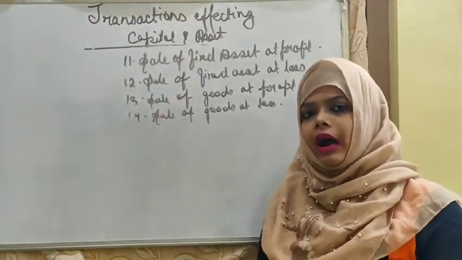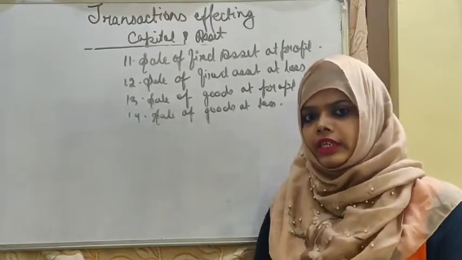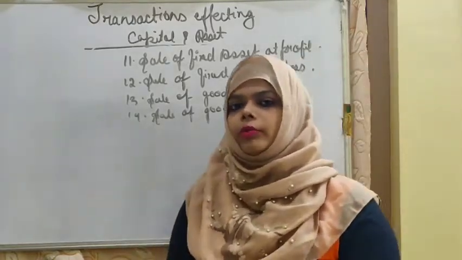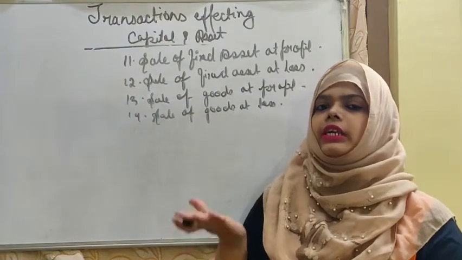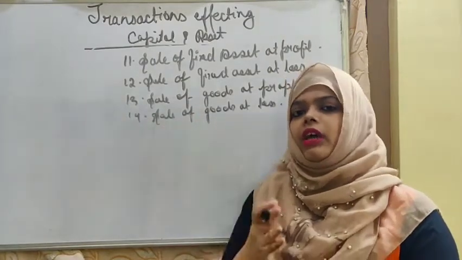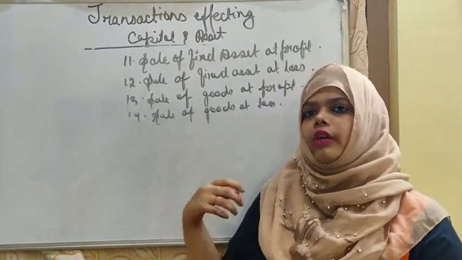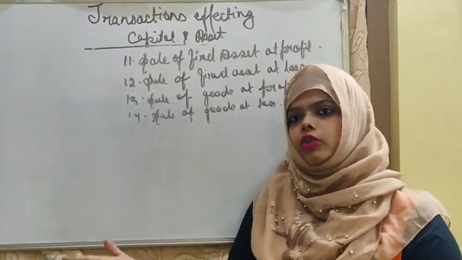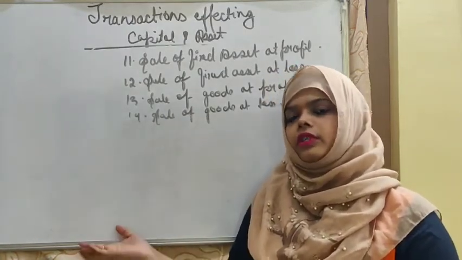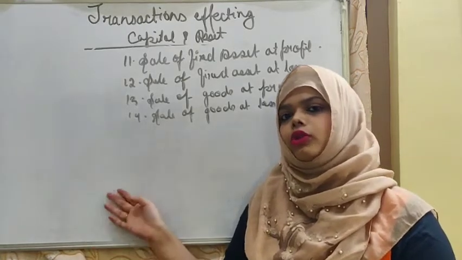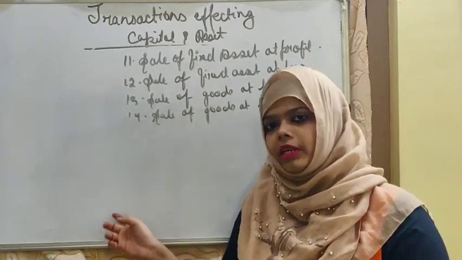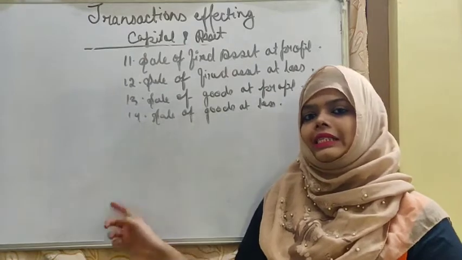How? The sale of fixed assets means an asset is going out of the business. If we get a profit, it will increase the capital of the business. If we get a loss, it will decrease the capital of the business. So if we sell it, the asset is gone. If a profit is made, there is an increase in both asset and capital, and if a loss, a decrease in both asset and capital.